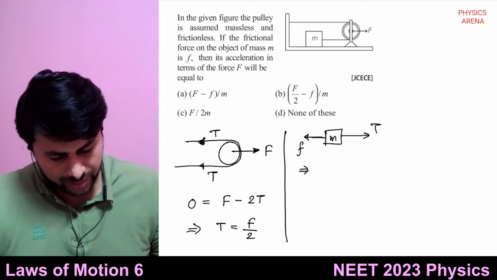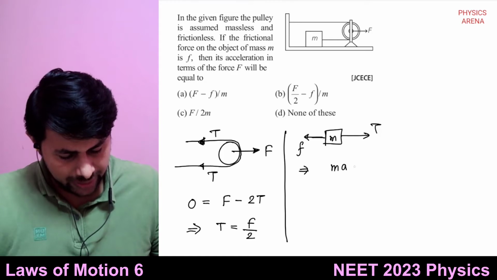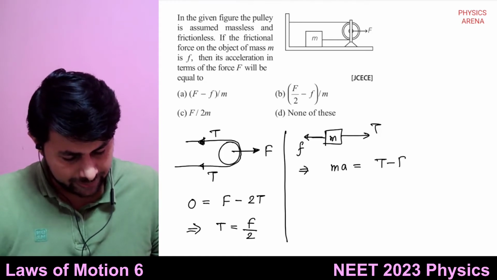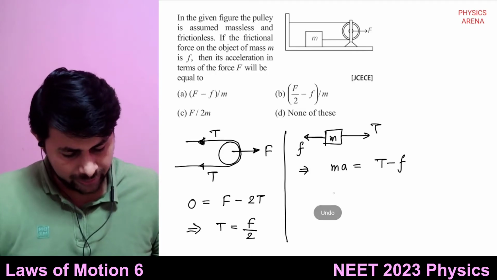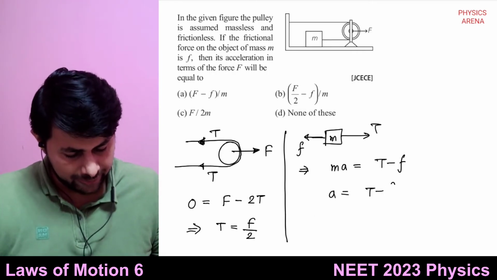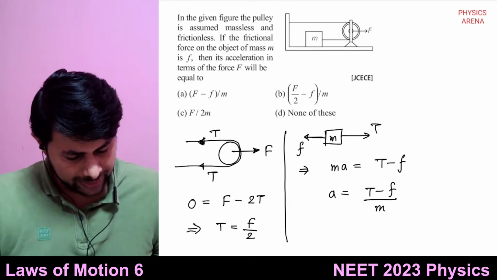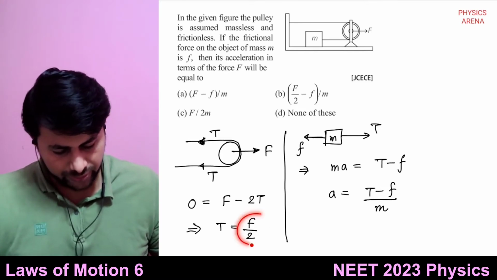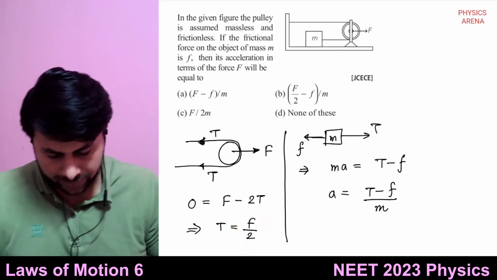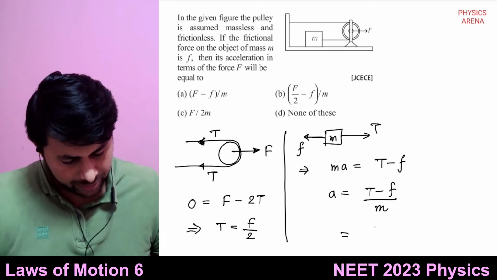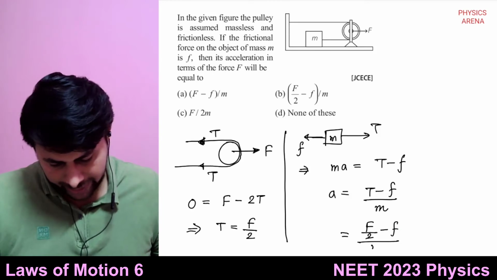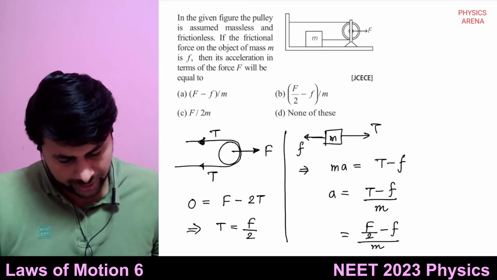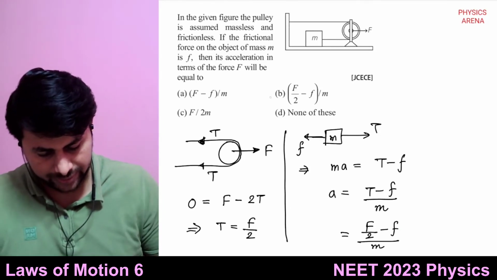So M times A is equal to T minus f, not capital F, it's small f, and therefore acceleration is T minus f divided by M. And what is T? We have found it out. It's F by 2. So let's substitute that. It is F by 2 minus f, divided by M. Is there such an option? Yes. Option B is the answer.